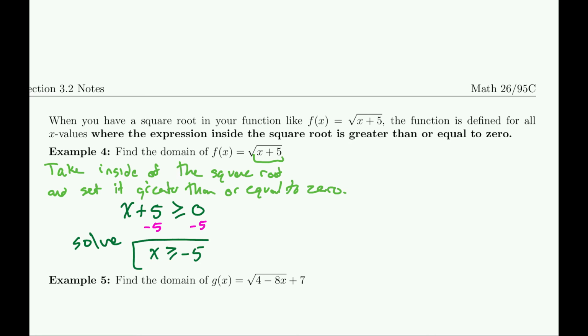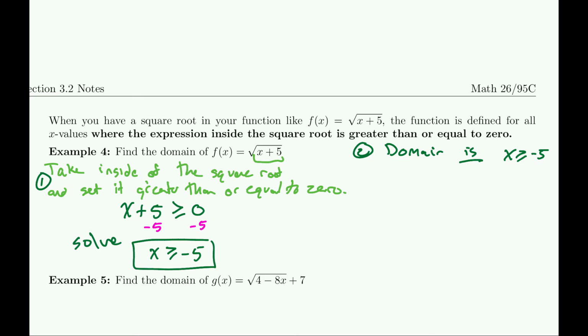Okay? Now, what's different than the other problems is that I set it greater than or equal to 0. That is allowed, right? In the previous problems, we were looking for x values that were not allowed. On this one, greater than or equal to 0 is allowed. So this is actually the domain. The domain is x greater than or equal to negative 5.